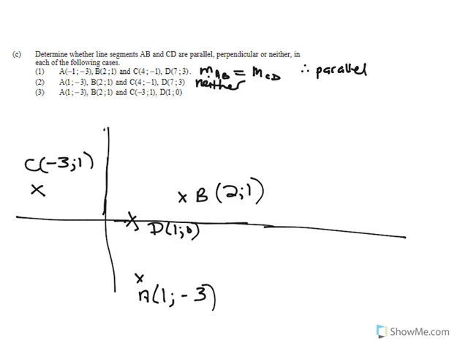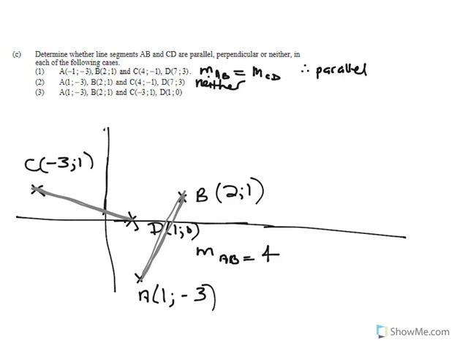And remember that we're asked whether AB and CD are perpendicular. So we need to figure out the gradient of this line segment over here and that line segment over there. And we did work out what the gradient of AB is. I think that was 4.